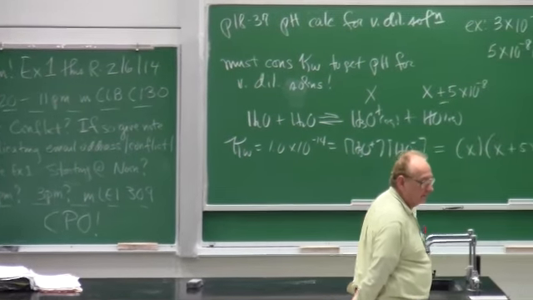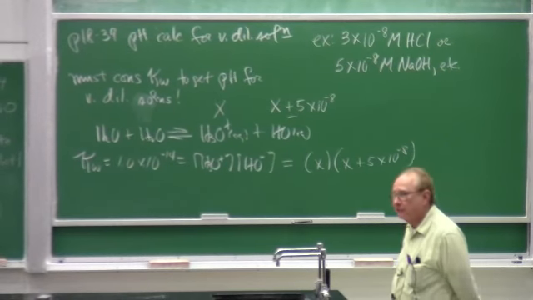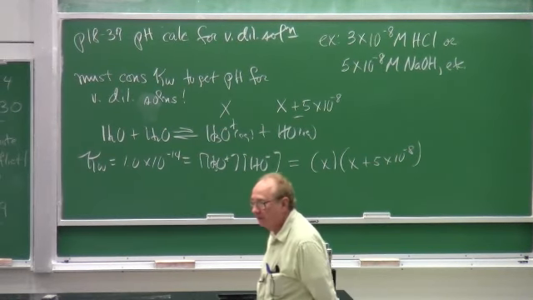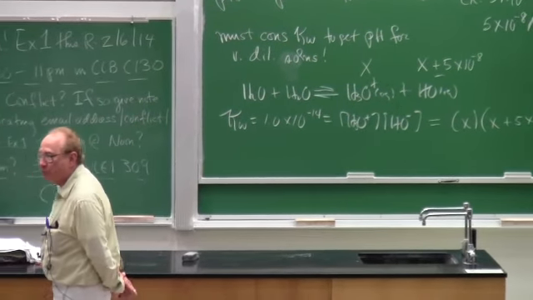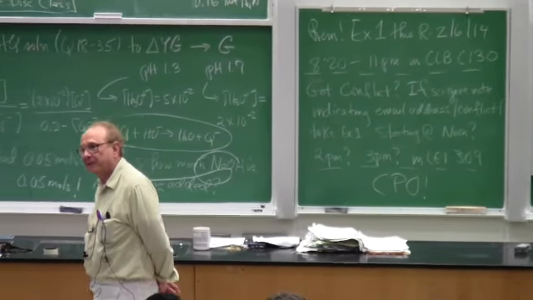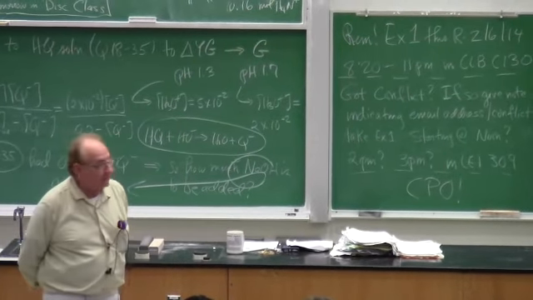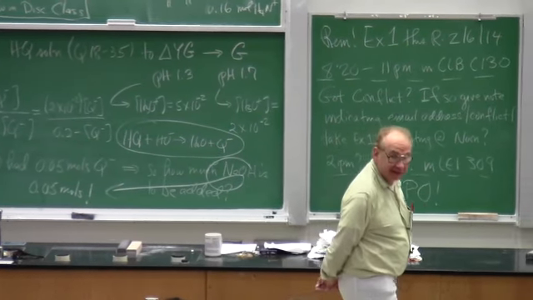So in solving, we now know immediately how to couch our speculation for x. If it's not 1 times 10 to the minus 7, it's going to be a number which is going to be close to 1 times 10 to the minus 7. Is it going to be a little bit bigger or a little bit smaller than 1 times 10 to the minus 7 for this system? A little bit smaller. The system's basic, right?